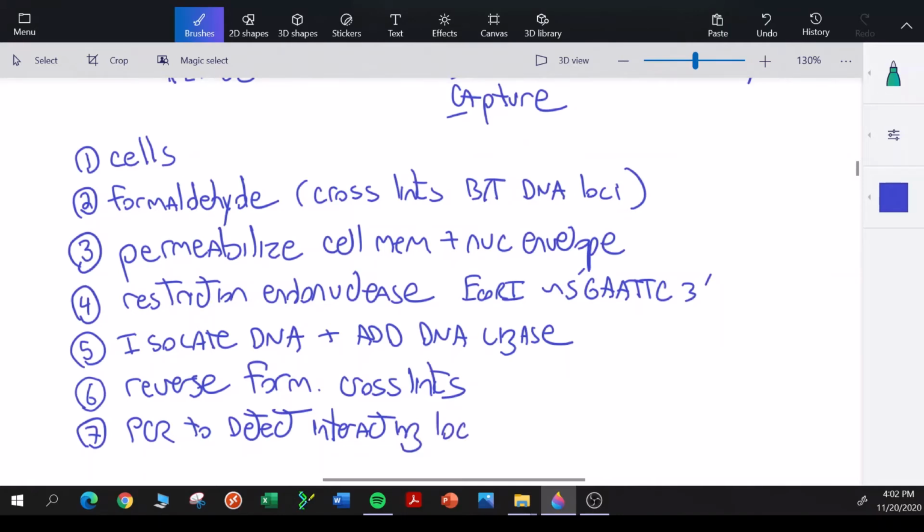Now, there are ways to use this technique with high throughput sequencing, and you can identify all the different interactions between all the different loci in a cell. The version I am going to describe to you is when we have a hypothesis that predicts an interaction between just a few loci, and we are using this assay to test our hypothesis for just an interaction between just a few loci.